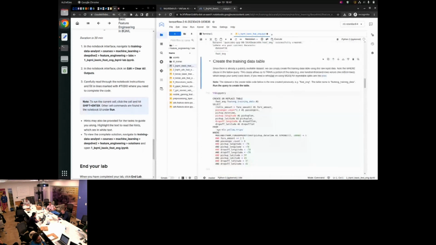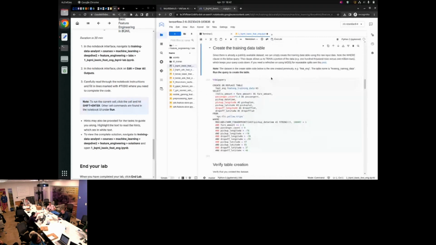And then you want to create the training data. If you recall, or if you go through the course, it explains that when you want to do machine learning through BigQuery, you need to do a create, and then you give it the data, and you select all of the different labels, basically columns, that you want to use.